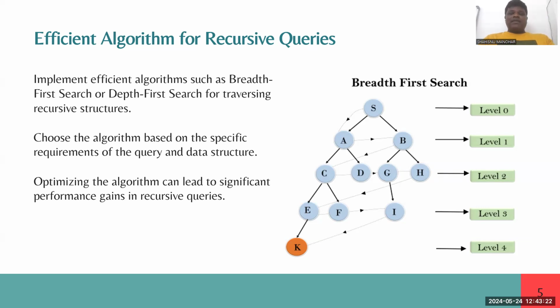Optimizing the algorithm can lead to significant performance gains in recursive queries. So by switching to efficient algorithms to perform the recursive query, we can optimize it. For example, if we choose BFS or DFS for traversing recursive structures, it can automatically optimize the recursive query in SQL.